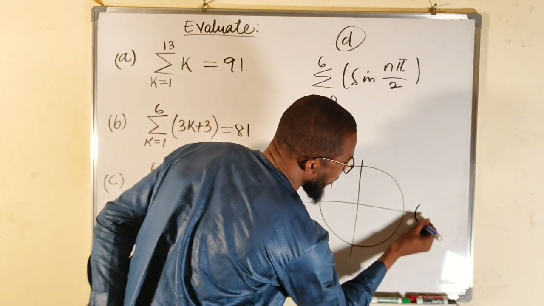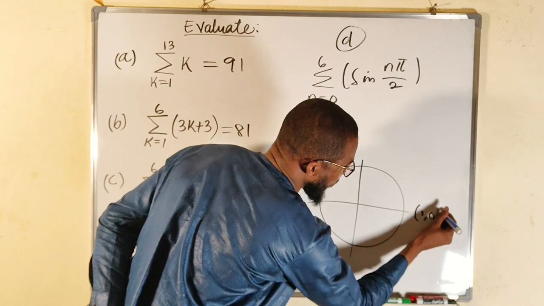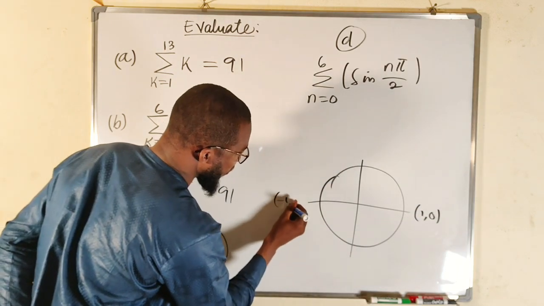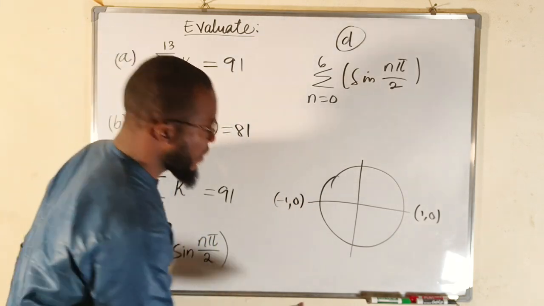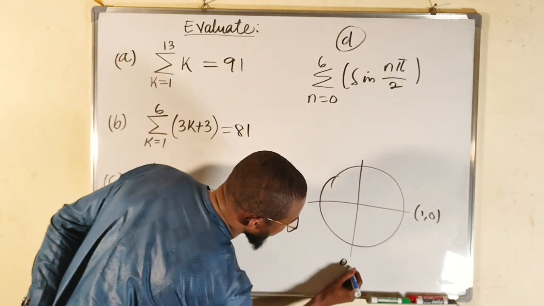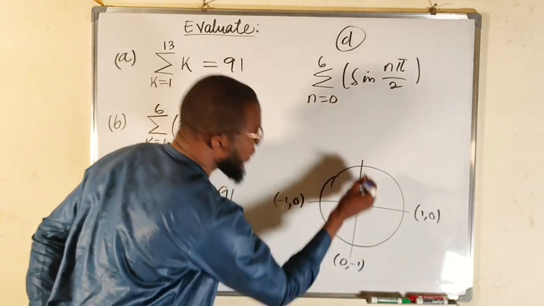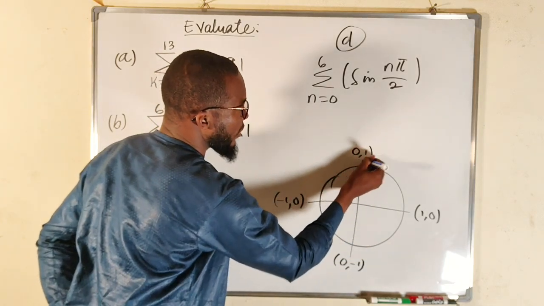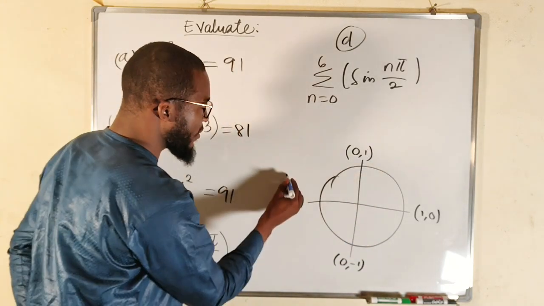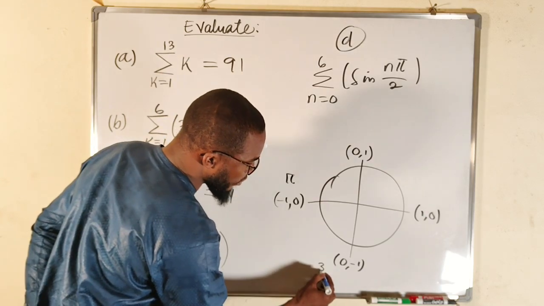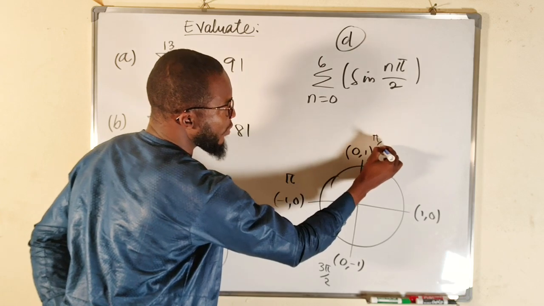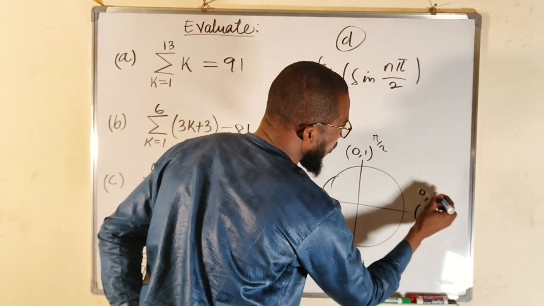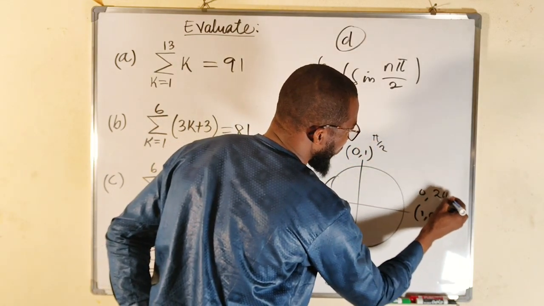The coordinate here is (1, 0). The coordinate here is (-1, 0). Then the coordinate here will be (0, -1). This is (0, 1). And the values: this is pi, this is 3 pi divided by 2, this is pi divided by 2, and this is 0, or 2 pi.